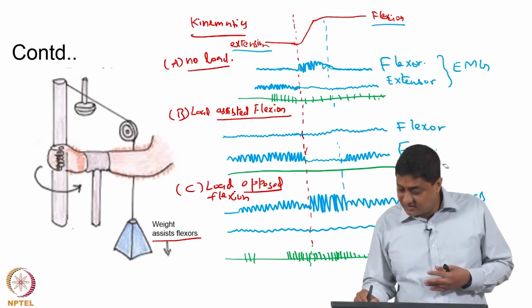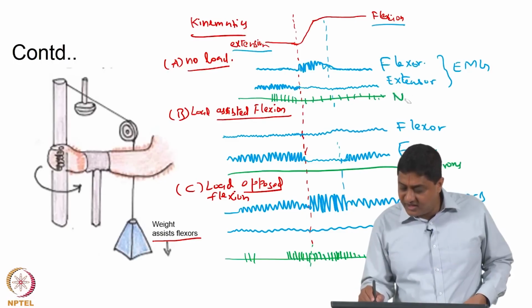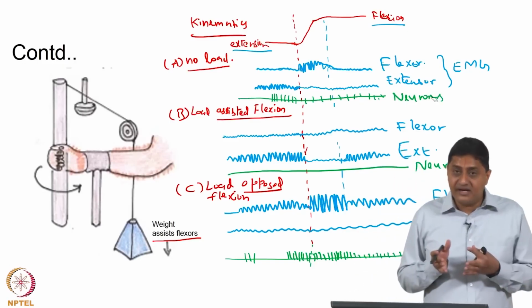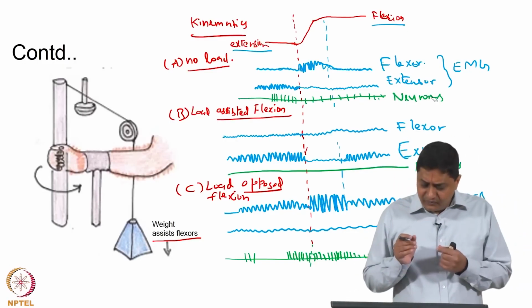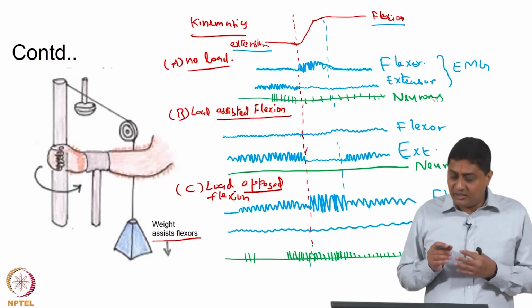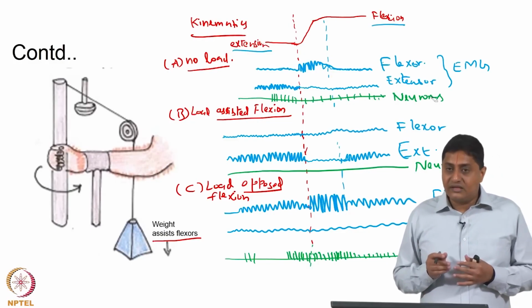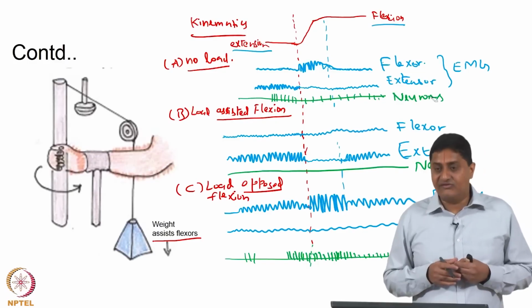So, this was a very strong evidence in support of the idea that the cortical neurons or the M1 neurons encode the kinetics of movement.